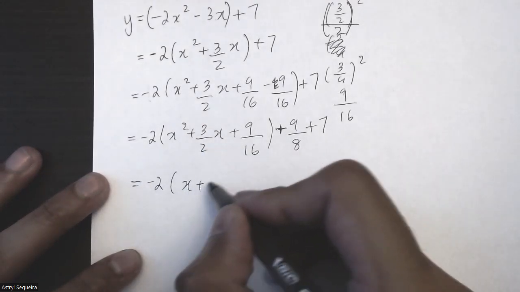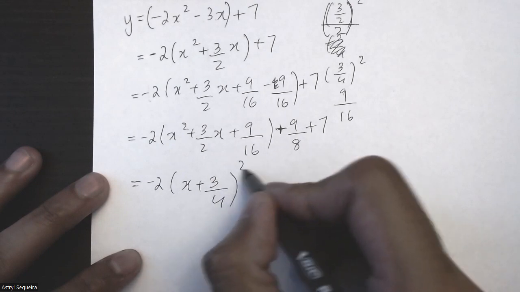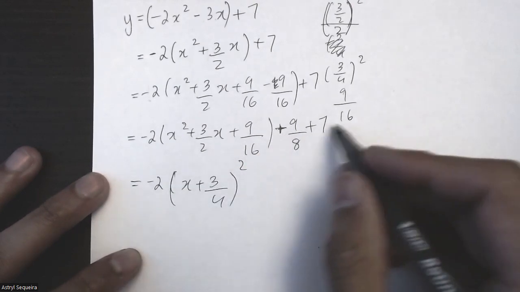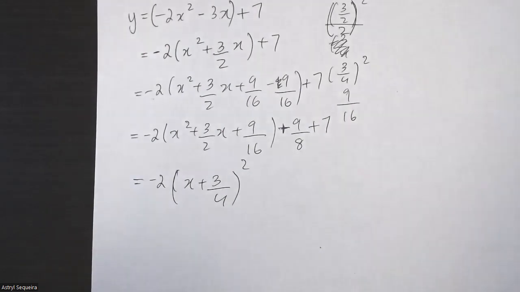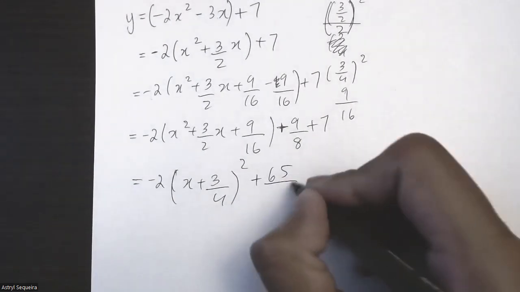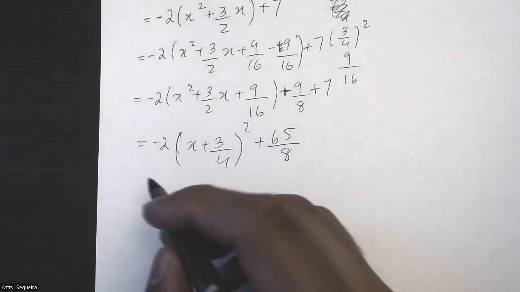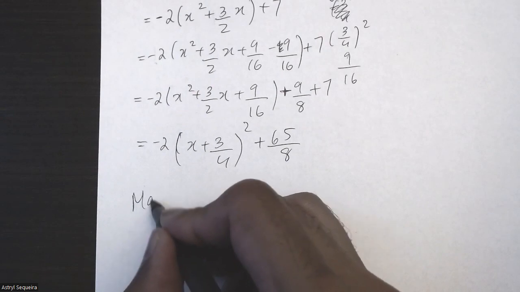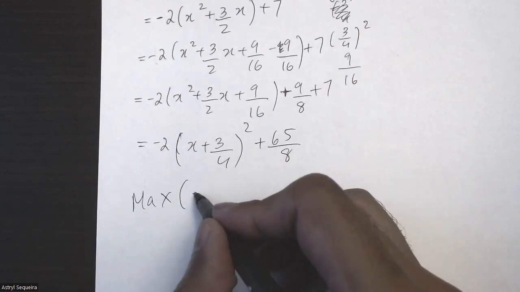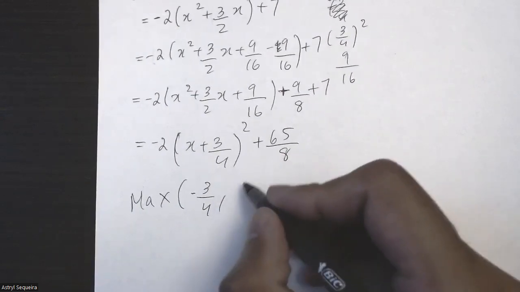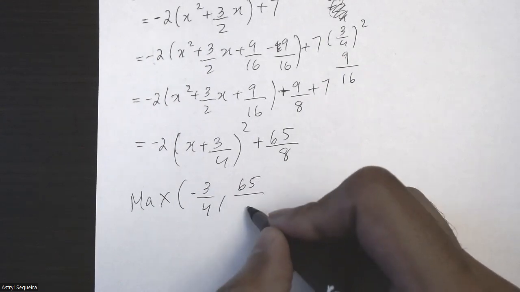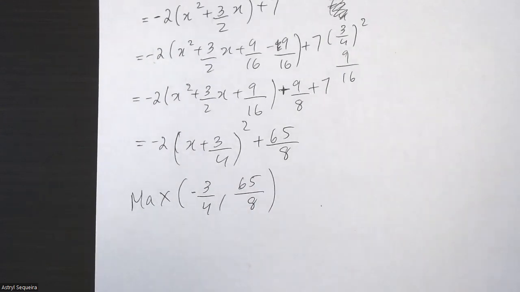So that's just x plus 3 over 4 squared. Then I want to add these two. I'll just do that in my calculator. But if you want to do it manually, you would just use a common denominator. It's just 65 over 8. And then I know this is a max. The x value is negative 3 over 4, and the y value is 65 over 8.